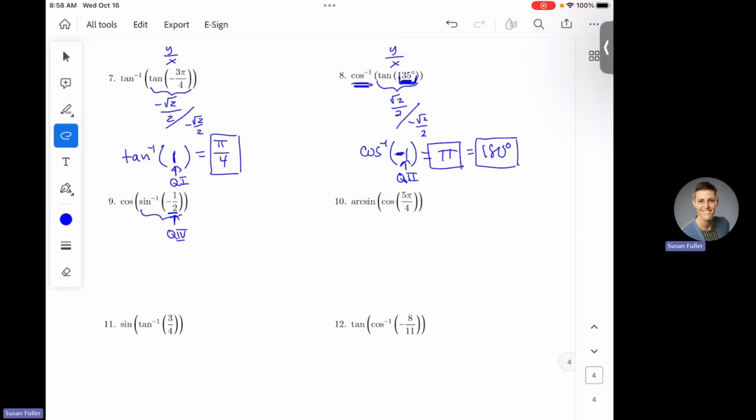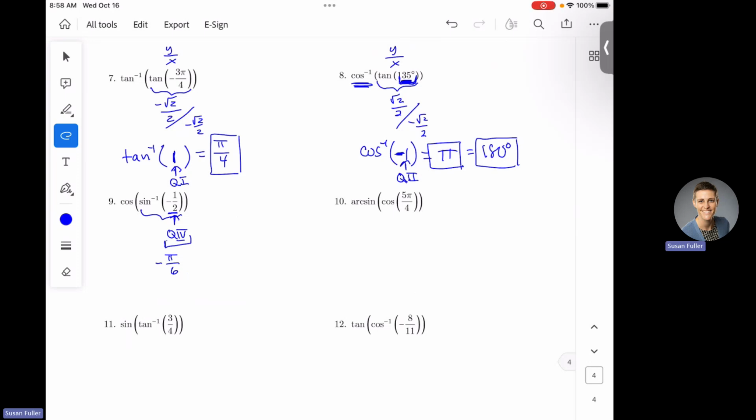But remember, in quadrant 4, old guys a long time ago stuck us with the fact that this needs to be negatively rotating. So instead of positive 11 pi over 6, we're going to write that as negative pi over 6, right? That's the negatively rotating angle that's coterminal.